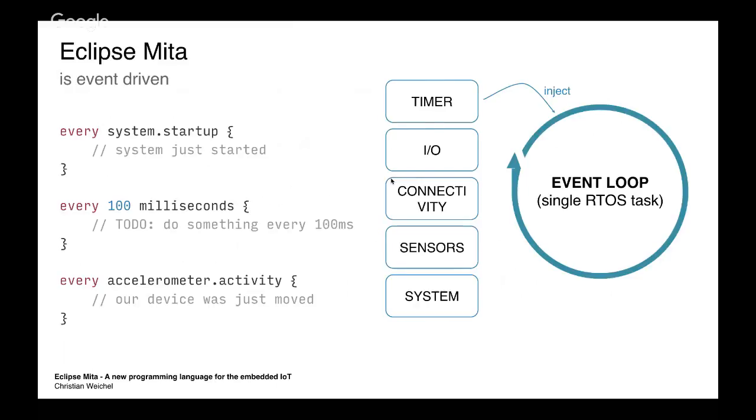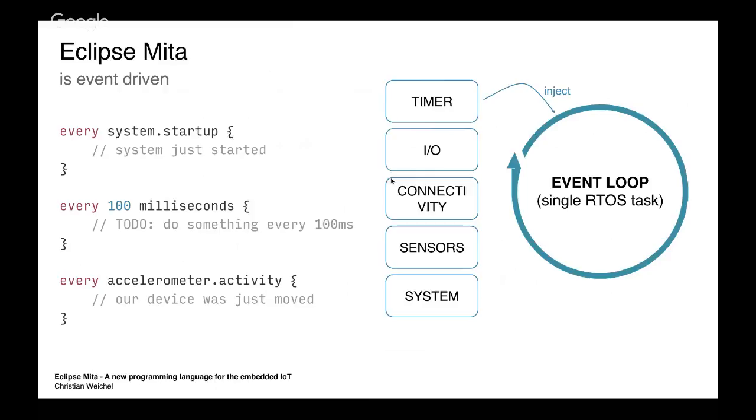And lastly, as already mentioned, Mita is event-driven. So there are different sources of events, timers for doing things repetitively, but also from all the other resources. So for example, sensor data or when the system starts up. And the way Mita implements those events is that whenever an event happens, it gets put in an event queue and executed sequentially.